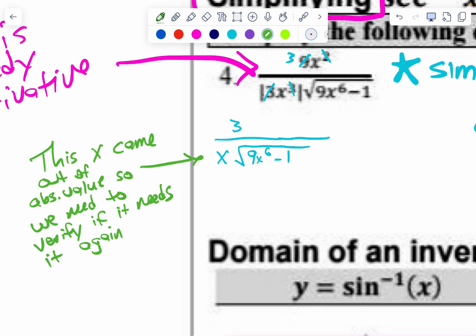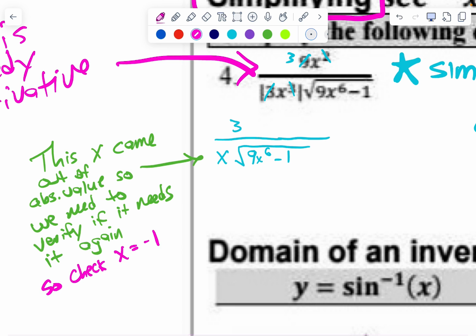Well, we have to check stuff. We're always going to check x equals -1, or whatever variable, but try -1 in there. What happens if I plug -1 into this blue version, the simplified version? What happens to the sign of the whole thing?